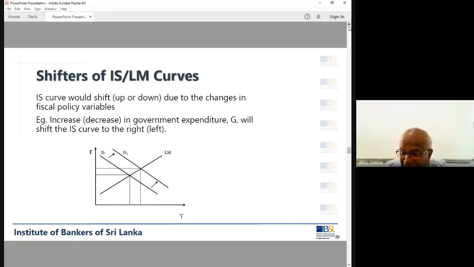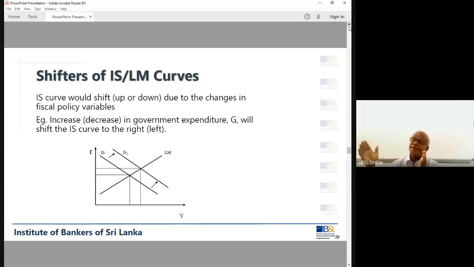What will happen when the IS curve shifts to the right? Income, GDP, national income definitely increases. Not only that, the interest rate also increases. That is the problem. When government expenditure increases, the interest rate increases. When the government hires people and increases its expenditure, GDP increases, and aggregate demand increases.